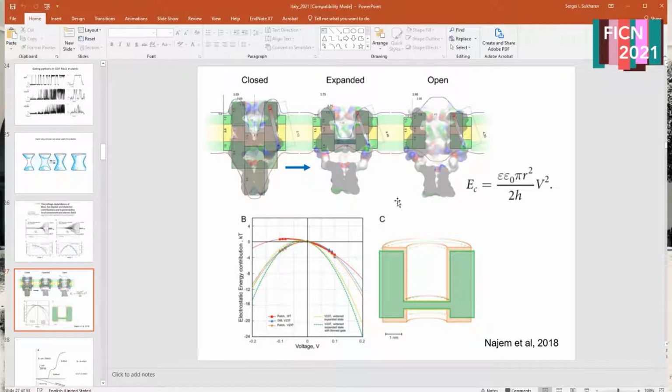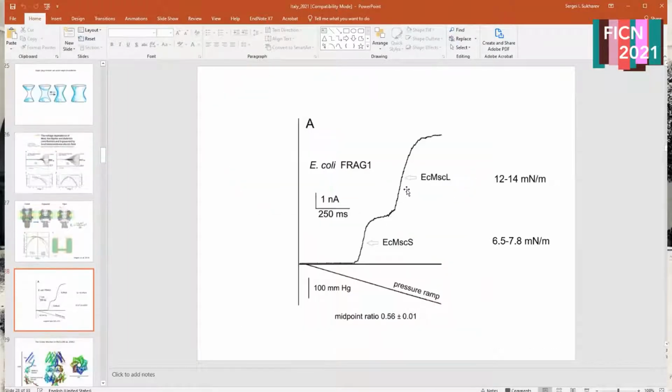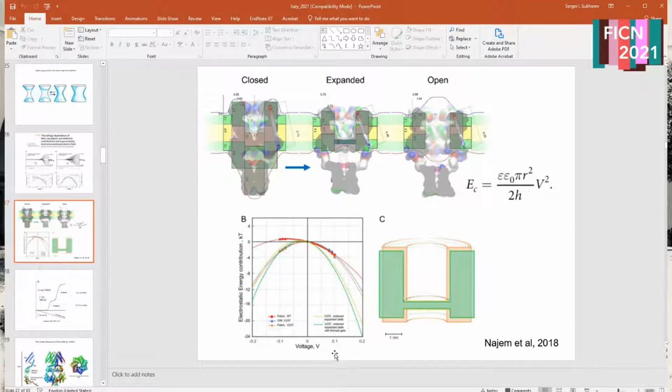back and forth. We should remember that in our patch clamp experiments, we could only go up to 120 millivolts at maximum. If we continue these parabolic curves to 200 millivolts, which is a normal voltage for bacteria, then we will get quite a bit of energy, and this will drive the channel into the subconductive state and maybe into the open state.